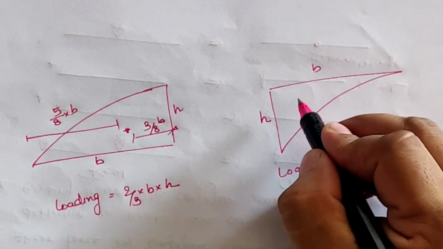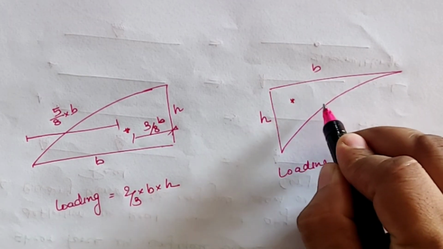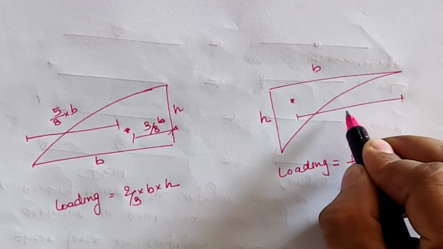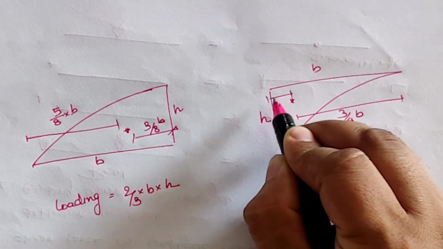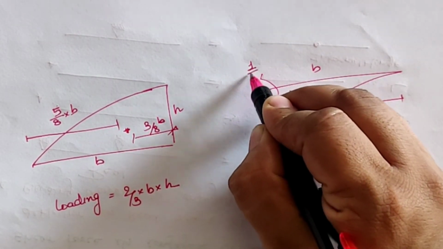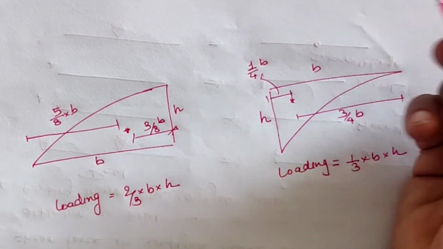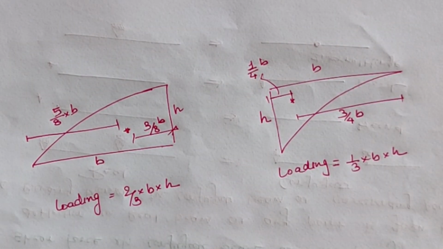And for this type of curve, it is at 3/4 of the base width, and from the rate of loading, it is at 1/4 of the base width. So this is going to be used for the calculation of a conjugate beam loaded with a UDL, as we know that for a UDL the bending moment is a parabolic curve. Thank you.